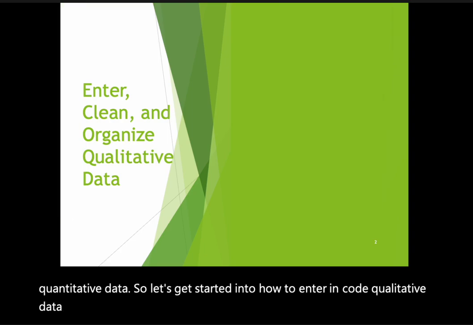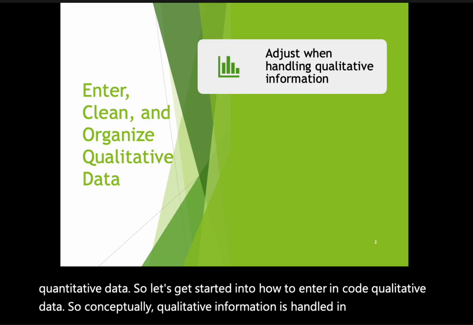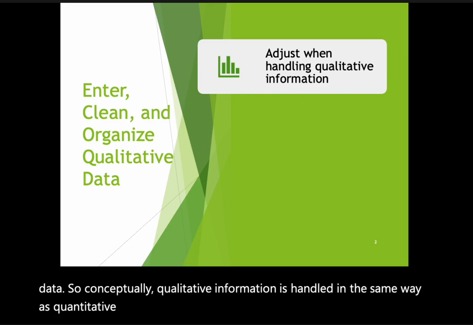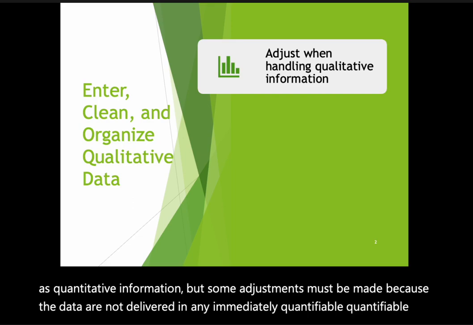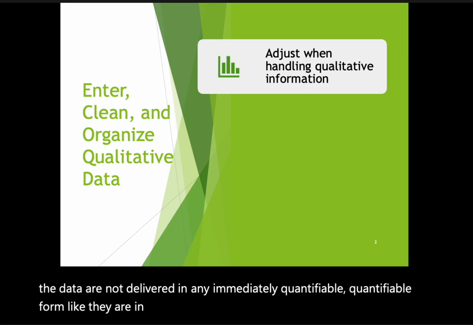Conceptually, qualitative information is handled in the same way as quantitative information, but some adjustments must be made because the data are not delivered in an immediately quantifiable form like they are in quantitative research.